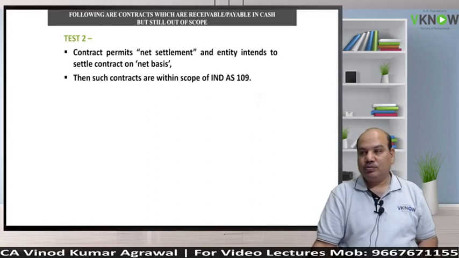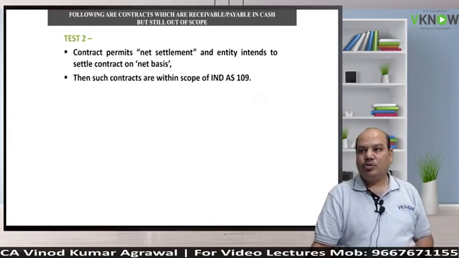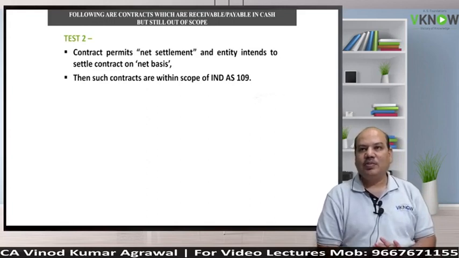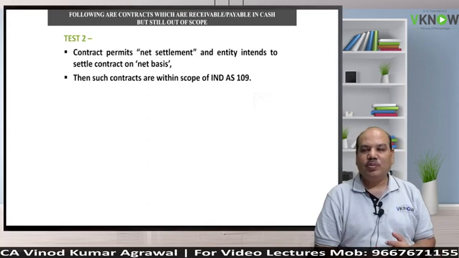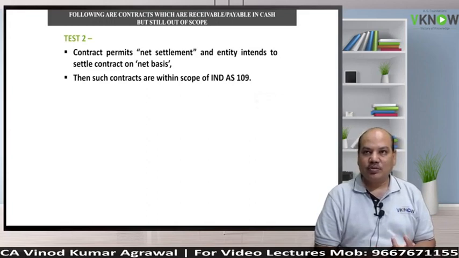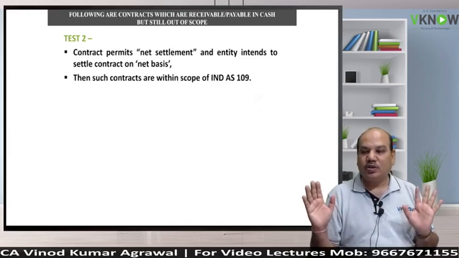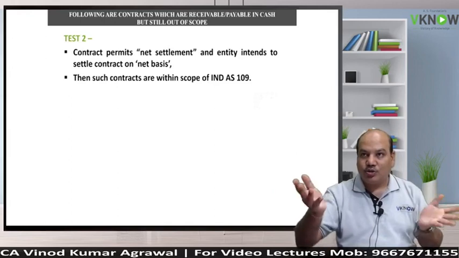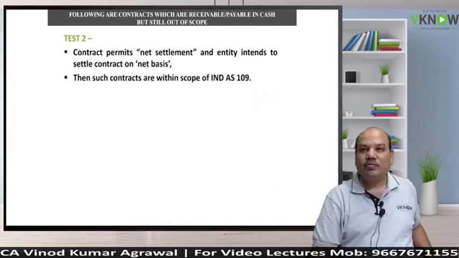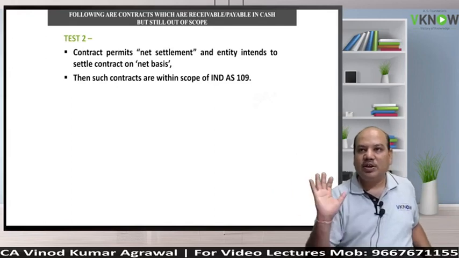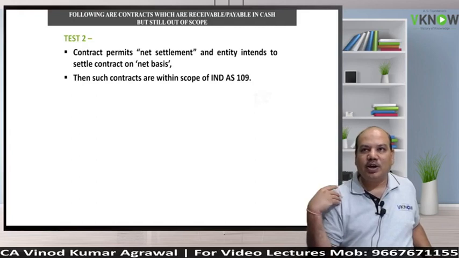Test number 2. Suppose you don't have a past history of net settlement or buying and reselling at short notice. Then check whether the contract permits net settlement, and if yes, whether the entity intends to settle on a net basis. Suppose the contract permits net settlement. You are a farmer, I am the entity.